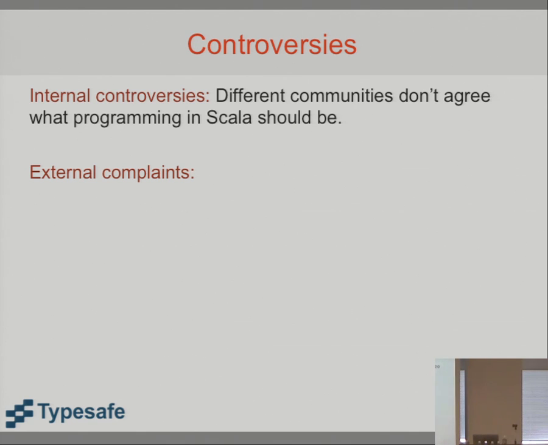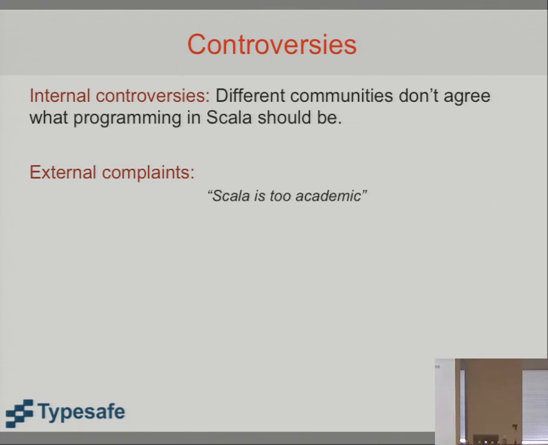It attracts people from Java, a lot of them come from Java. It also attracts people from dynamic languages like Ruby, and from classical, statically typed functional languages like Haskell. These three communities have never before mixed so much, and Scala in some cases is becoming their battleground, where every community says you have to do it this way, and the other community says, no, you're talking nonsense. So that's the internal controversies that we have.